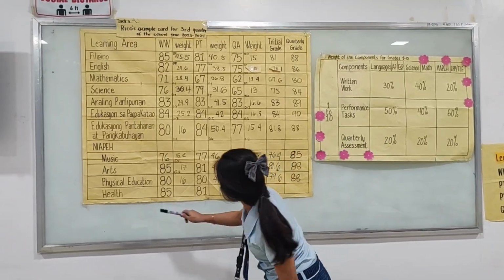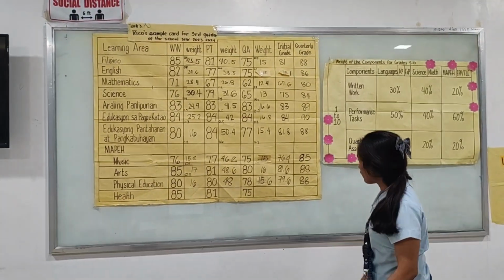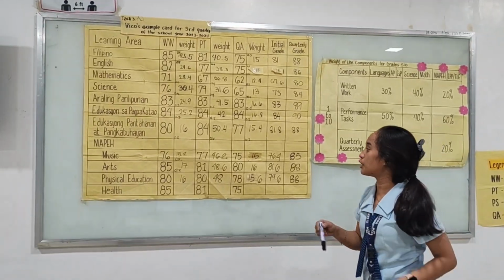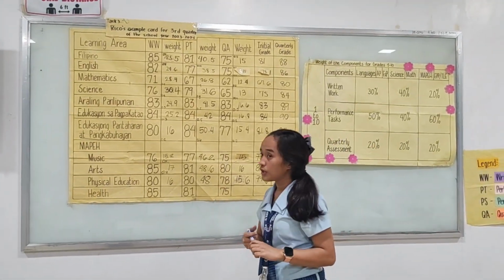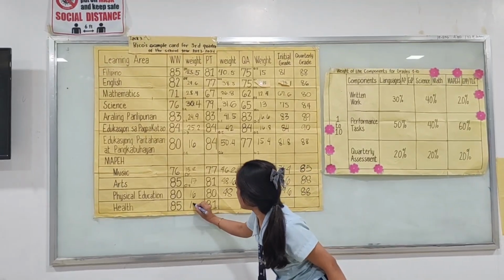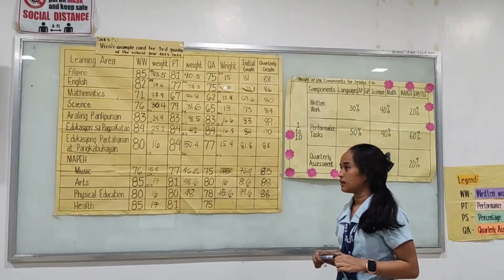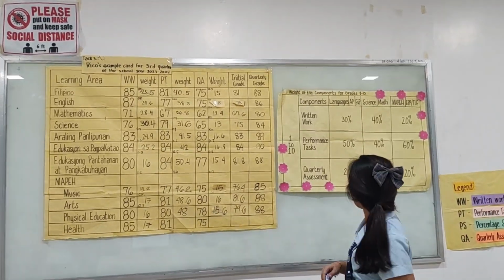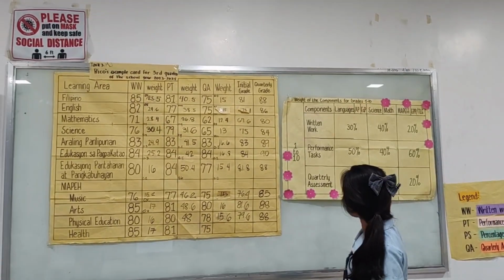So in MAPEH Health, the weight component of the written work is 20%. So the decimal number of 20% is 0.2. So 85 times 0.2 equals 17. So the weight component of the performance task in MAPEH Health is 60%.